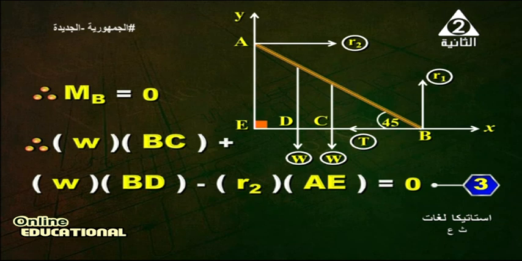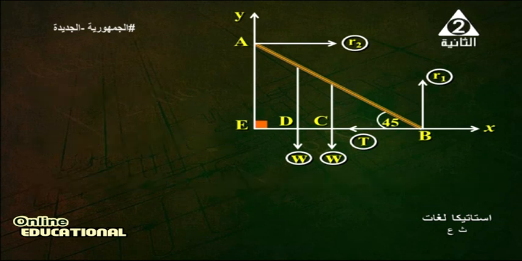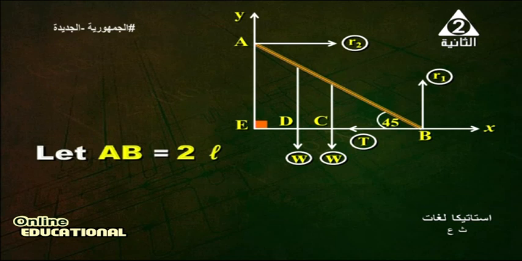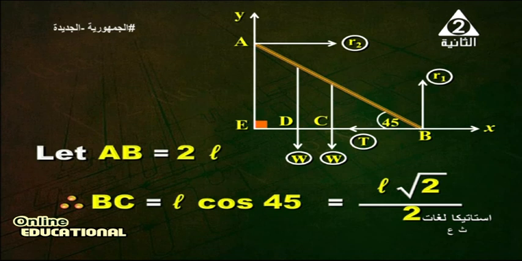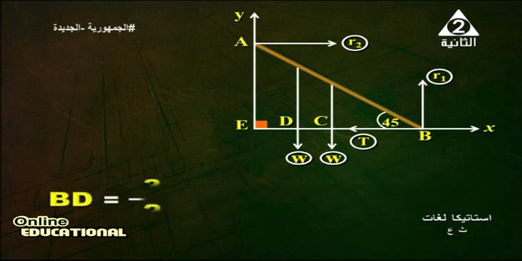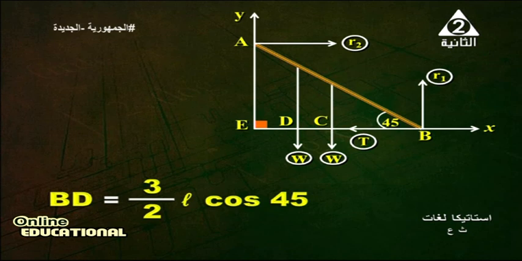What is the length of BC? What is the length of BD? What is the length of AE? We let AB equal L. Therefore, BC equals L cosine 45. Cosine 45 is root 2 over 2, so it equals root 2 over 2 L. Also, BD equals 3 over 2 L cosine 45. Why?